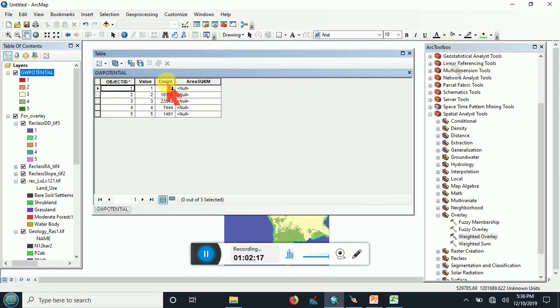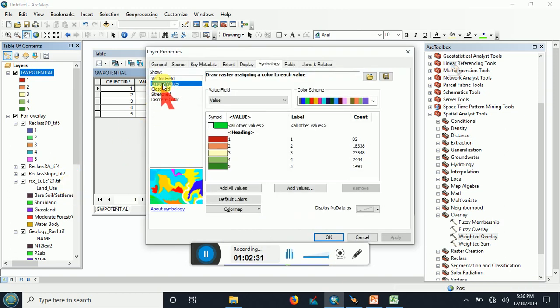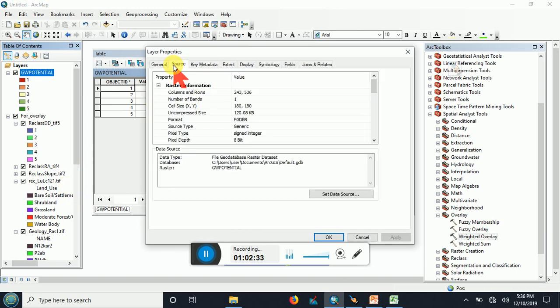Before calculating the area, please check the size of the pixel, or the cell size. Right click on groundwater potential, go to properties, then go to source. Here you can see that the cell size is 180 by 180, of course in meters.